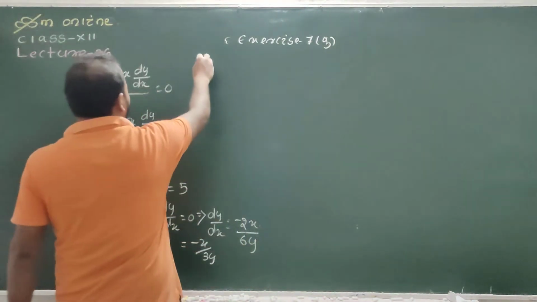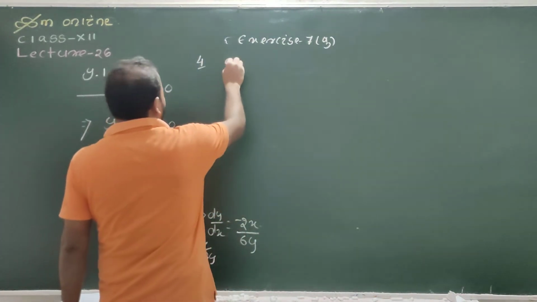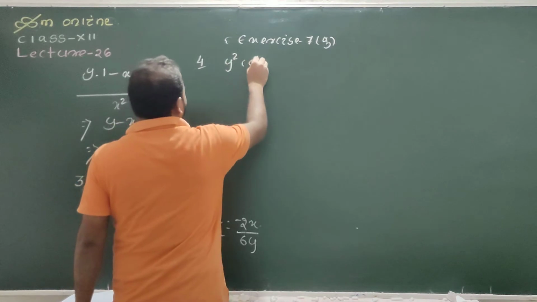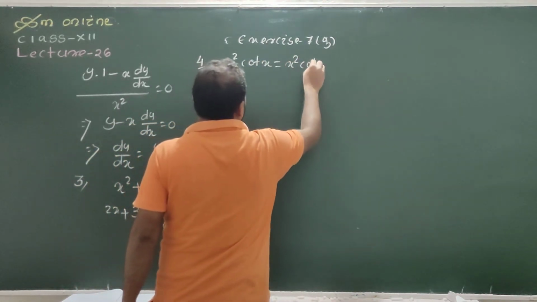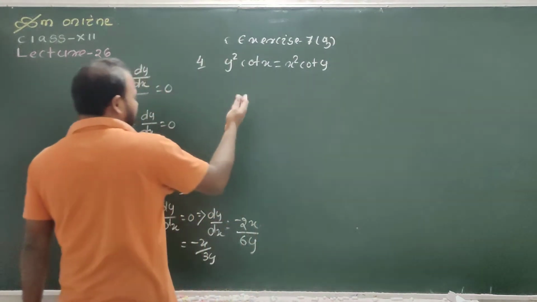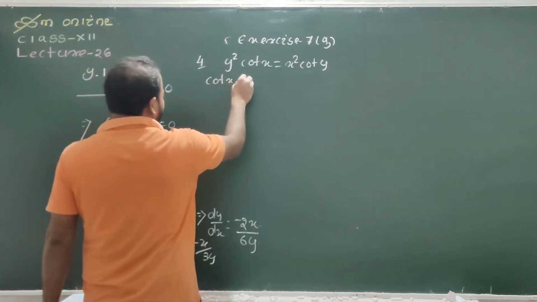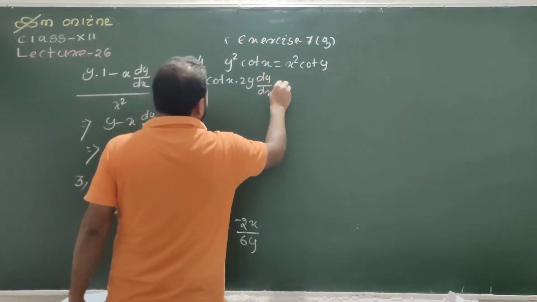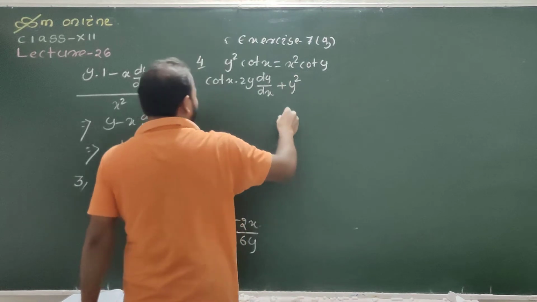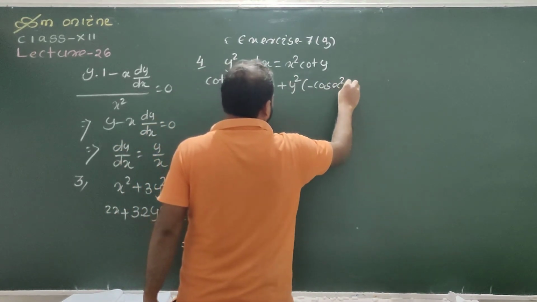Question number 4: y square cot x equal to x square cot y. Now differentiating both sides, we get cot x into 2y dy by dx plus y square into derivative of cot x, this is minus cosec square x.